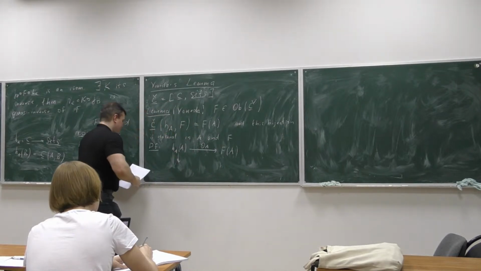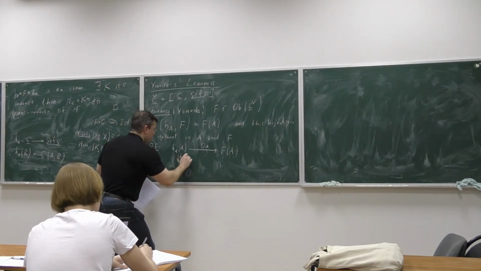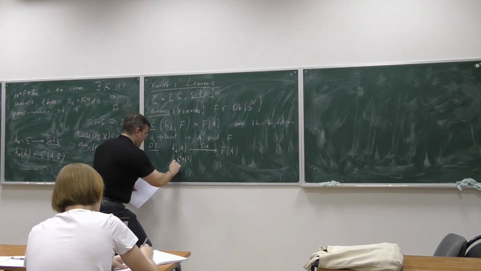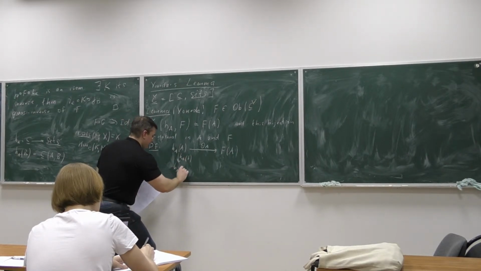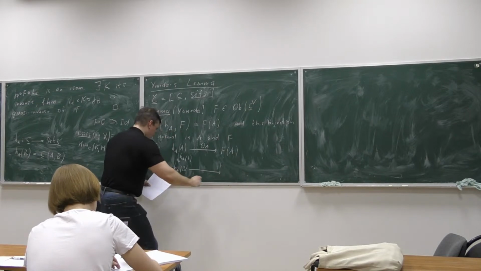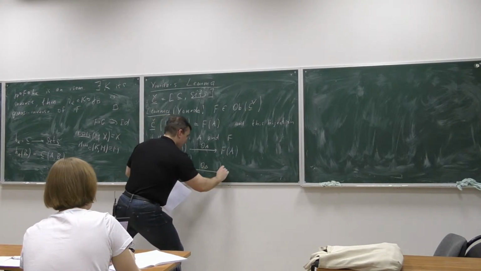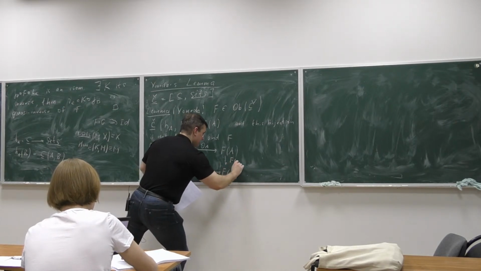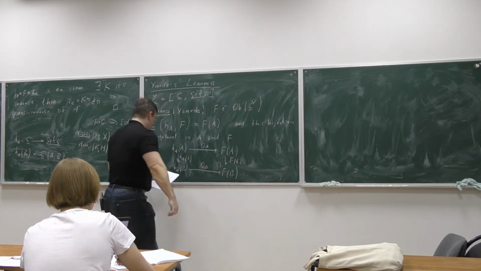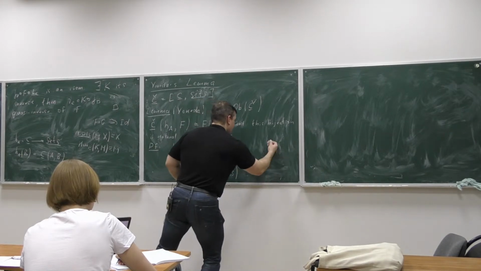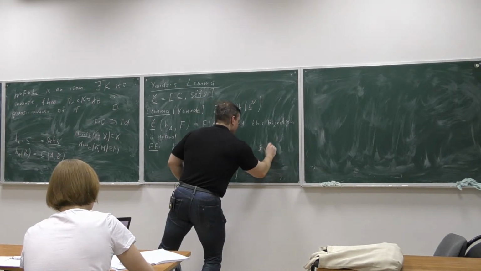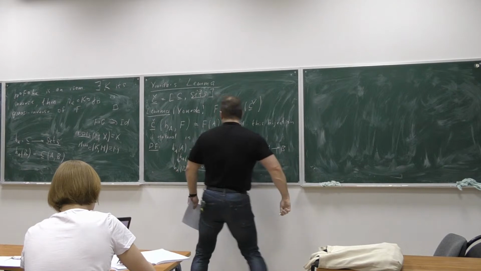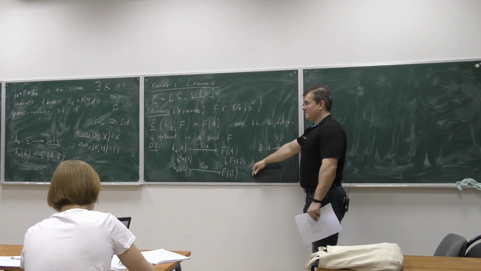Okay, first of all, if you have a natural transformation, it by definition means that you have the following commutative square. So now I'm just repeating the definition, right? So we have this.